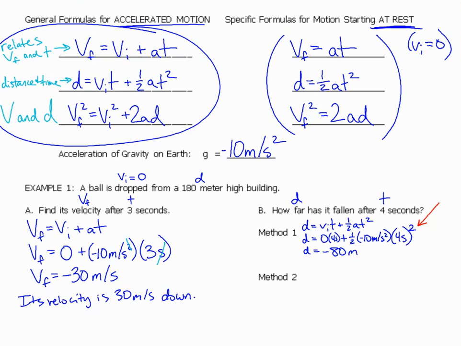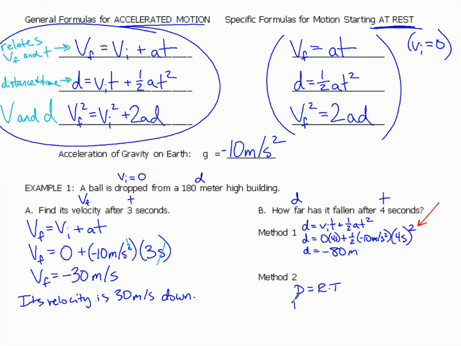The other possibility, method 2, is distance equals rate times time. And this works because the acceleration of gravity is uniform acceleration.